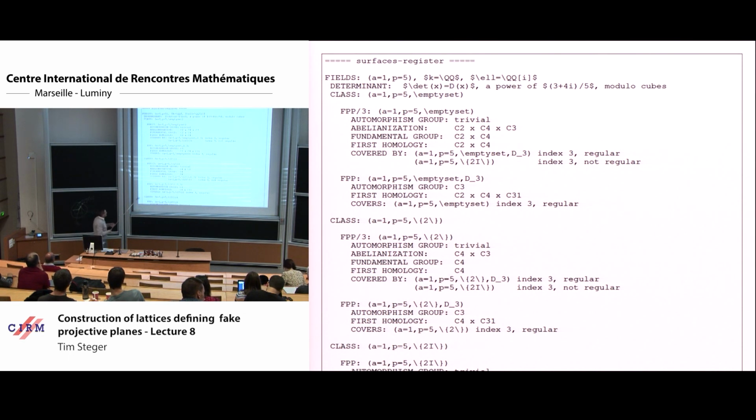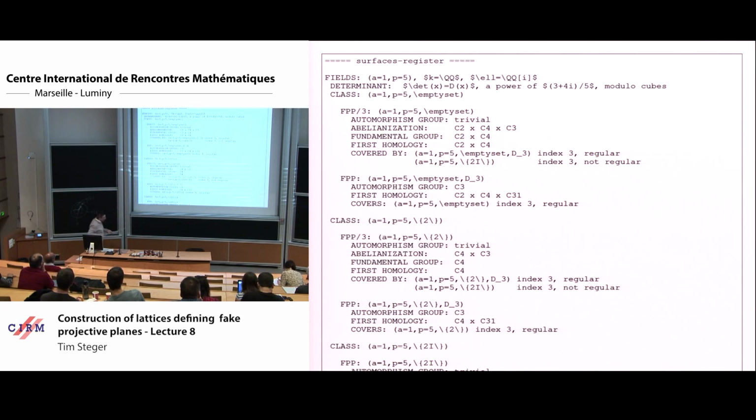So P equals 5 means that for all of the ones with A equals 1, P equals 5, we look at the division algebra which fails to split at the two 5-adic primes of L. It is important that it splits, and so in this case, for that particular field, the fact that it splits is the fact that there exists a square root of -1 in the 5-adics, which is true. Okay, so that's the first two items in this: what are our two fields, and where are the primes where we're splitting?